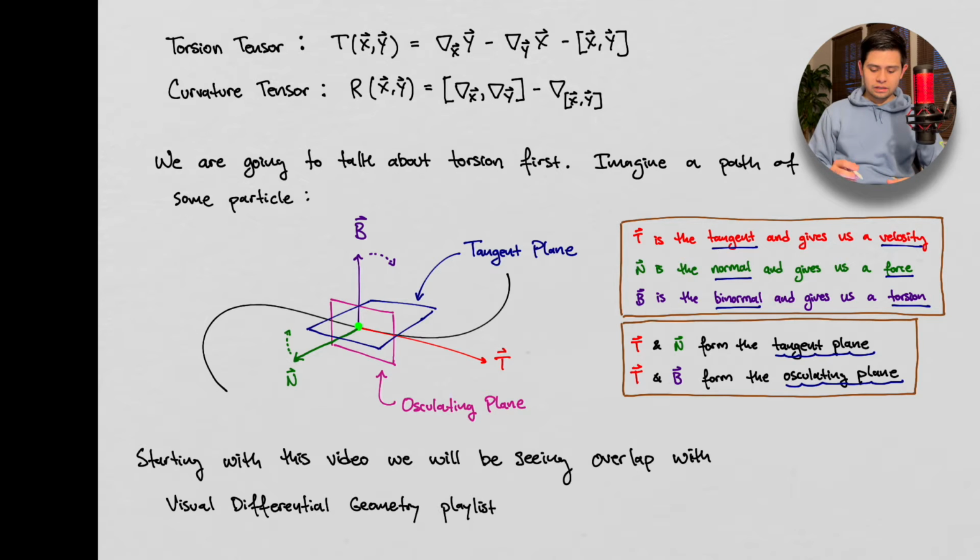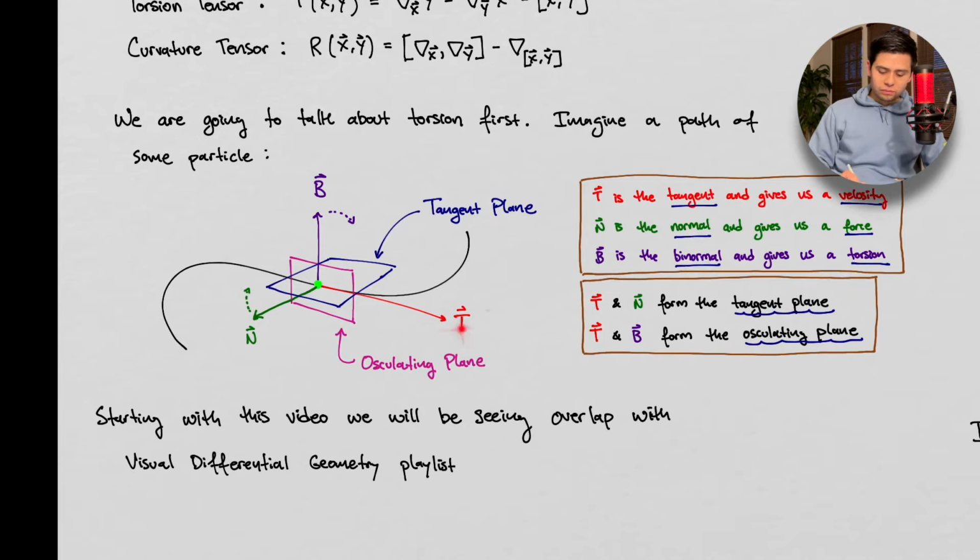The idea here is that as we have some curve, and as some particle or some object traverses the curve, it has associated with it a frame, right? A frame of reference. That frame of reference, typically called the Frenet frame, is something that travels along with that particle on the curve. And that Frenet frame is defined by three orthogonal vectors.